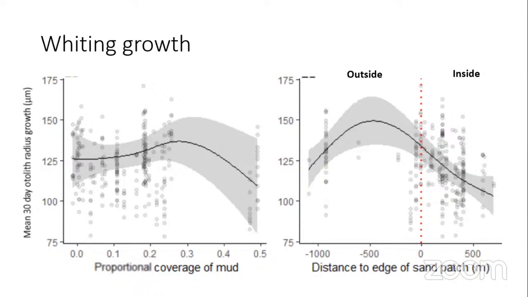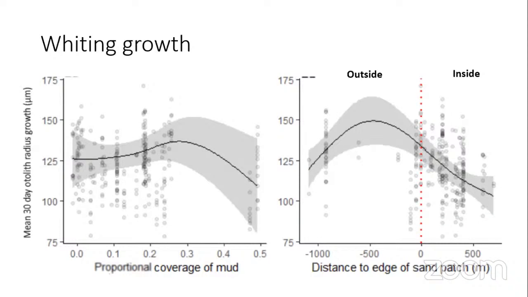And for whiting, kind of unsurprisingly, you get a progressive increase in growth rate with increased proportional coverage of mud, but then dropping off at much higher mud levels. But still, their growth's at highest at what's still a relatively small proportional coverage of mud, surprisingly.